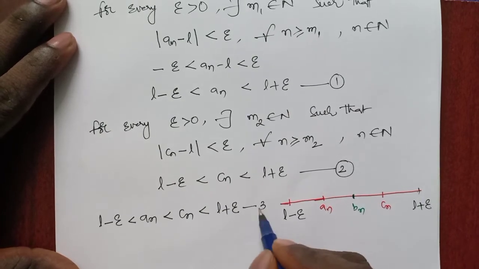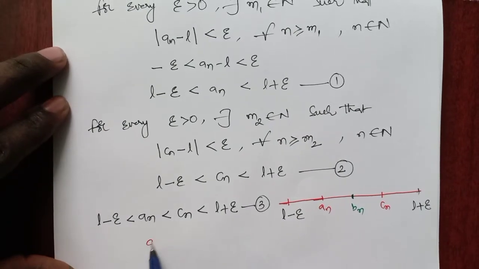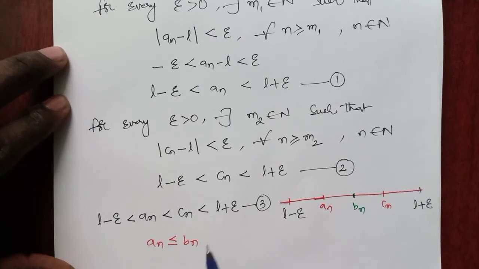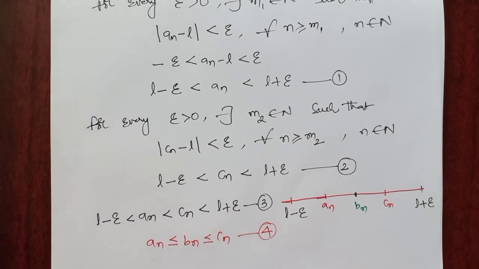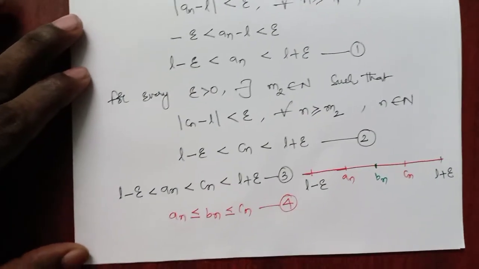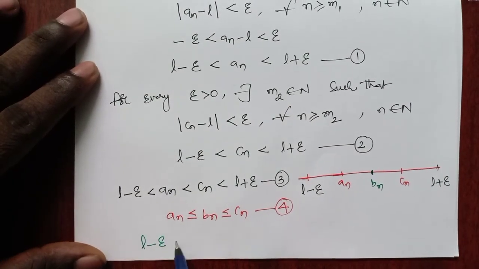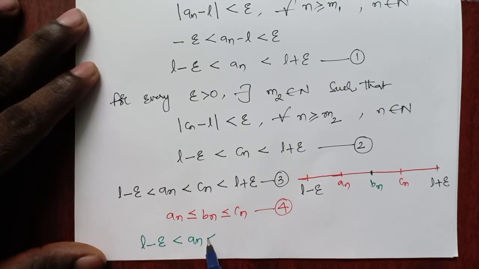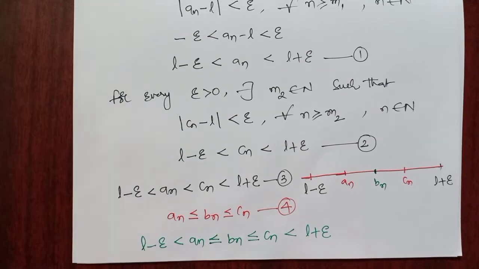This is condition number 3. And we have an less than or equal to bn less than or equal to cn, call it condition 4. So from 3 and 4, what do we write? Clearly, l minus epsilon less than an, less than or equal to bn, less than or equal to cn, less than epsilon plus l, that is l plus epsilon.